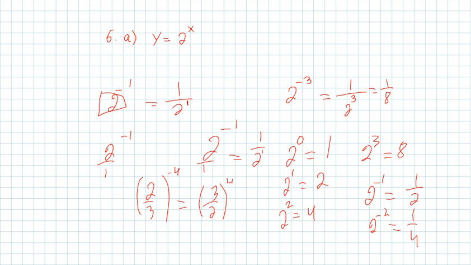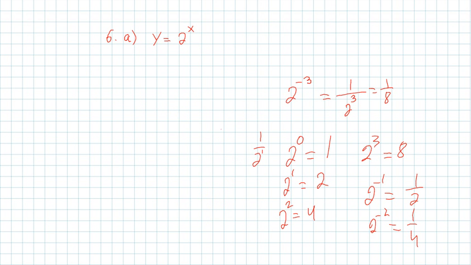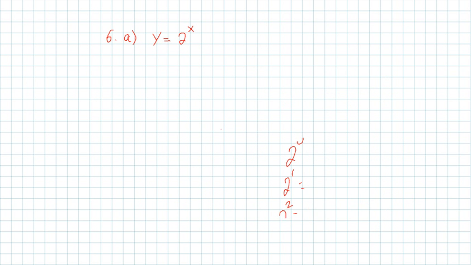Now, I'm going to erase the whole thing. If I want to make a table of values of this, do I want to choose too many negative values?